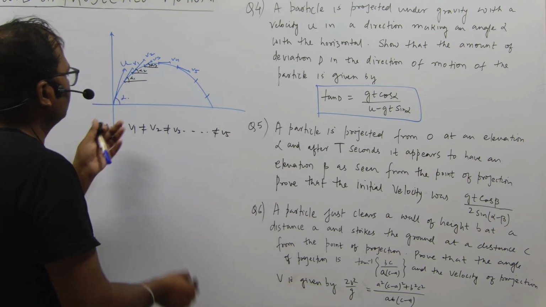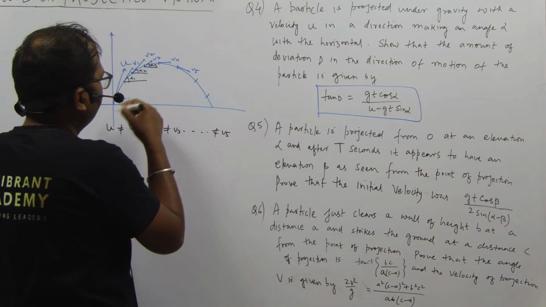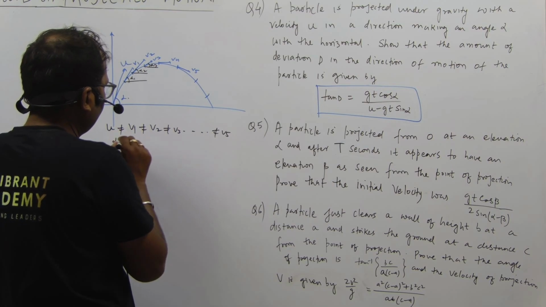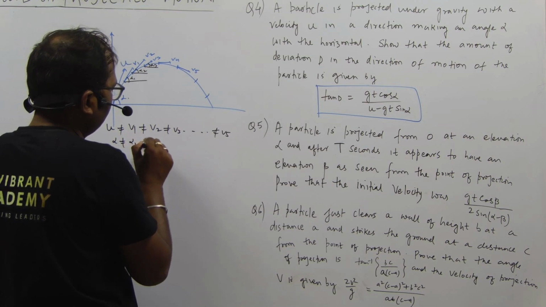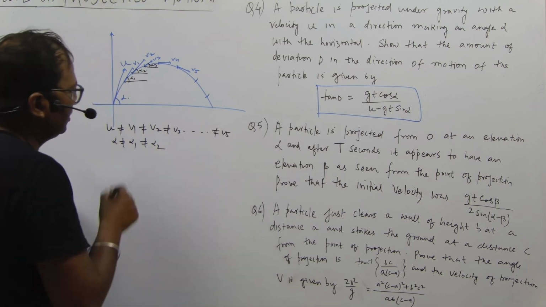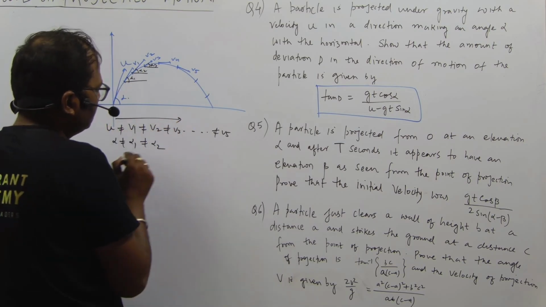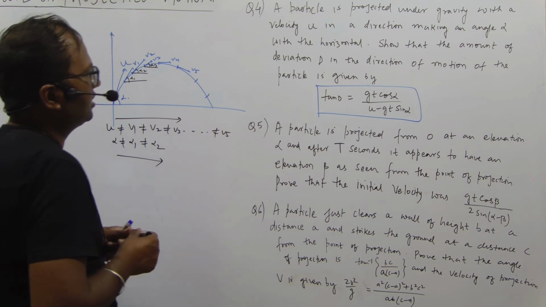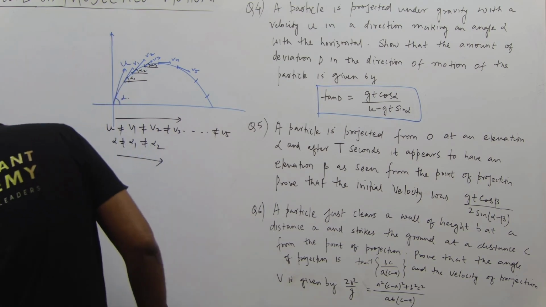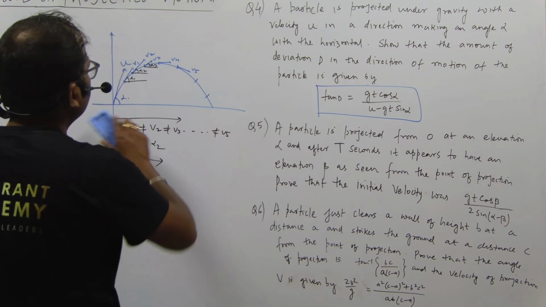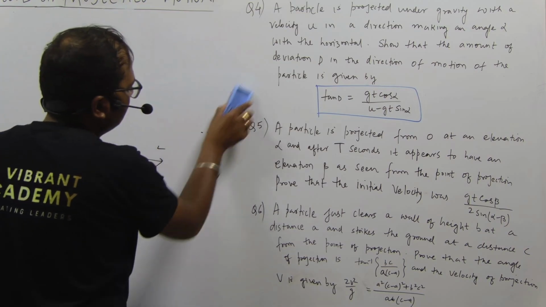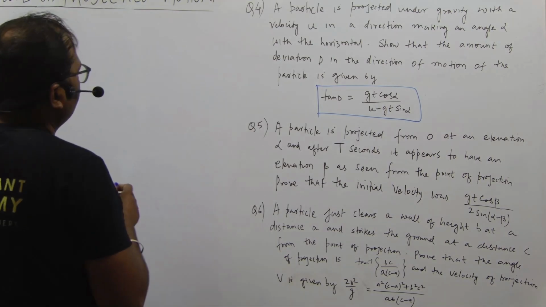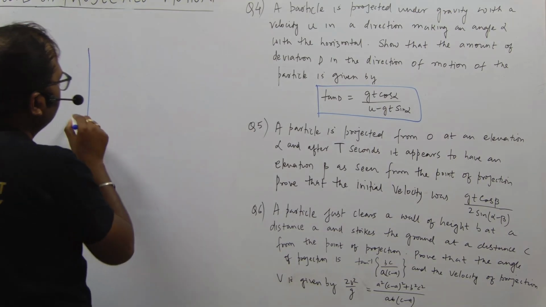Also the angle of inclination with the horizontal is different: alpha is not equal to alpha 1, not equal to alpha 2. So with the passage of time the velocity and the angle of inclination are changing. Let us take one random point at time t and calculate the deviation.